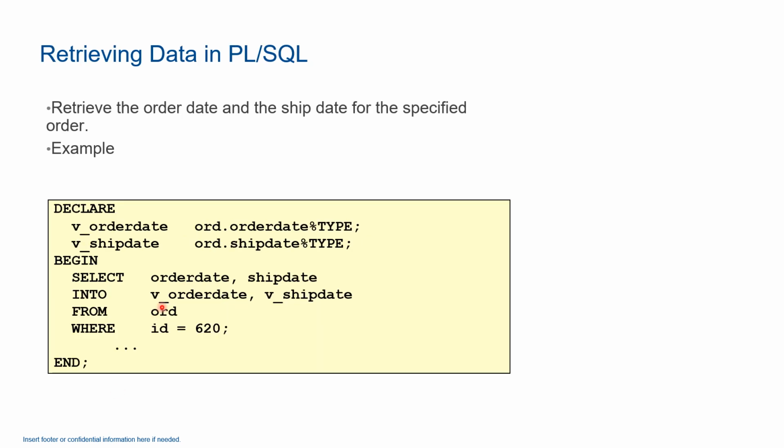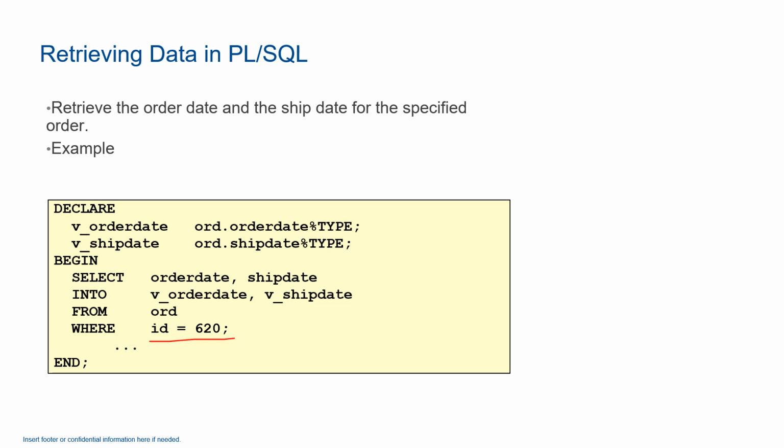Now if we take an example, how do we retrieve data in PL/SQL? You can see we have defined an anonymous block, which we discussed in the last session. We have v_order_date, which is of %TYPE type, and v_ship_date, again of %TYPE type. We want to fetch the order date and ship date where ID is 620.